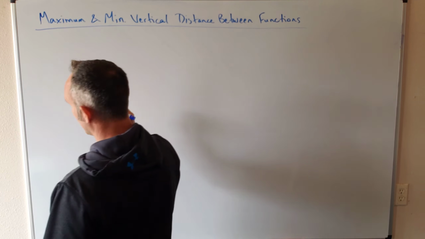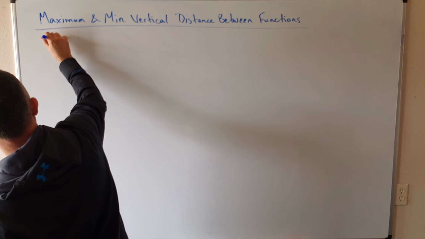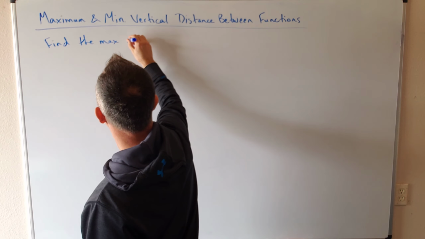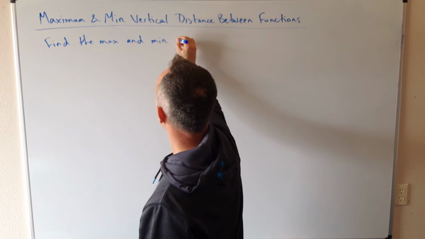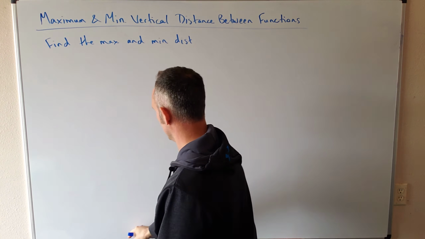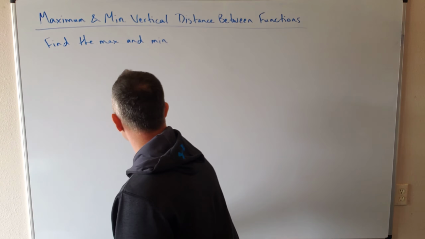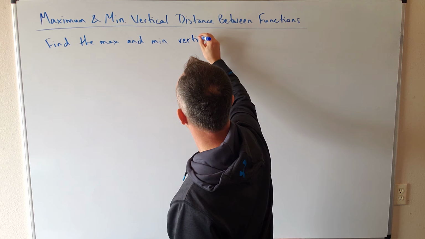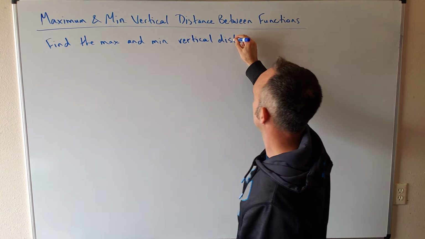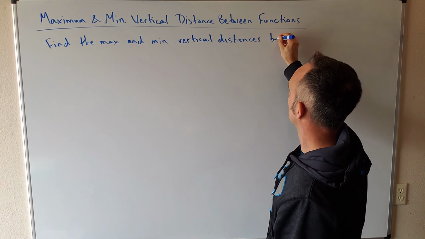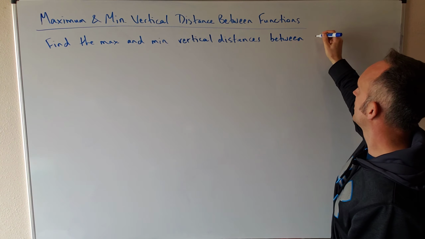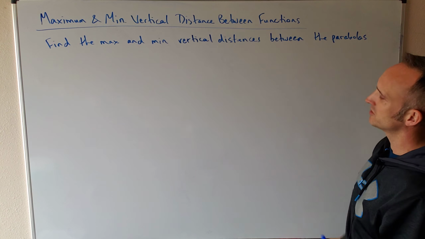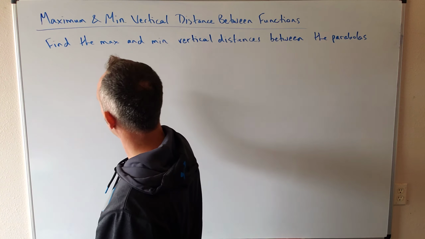So the particular problem we're going to do is find the max and min vertical distances between the parabolas.